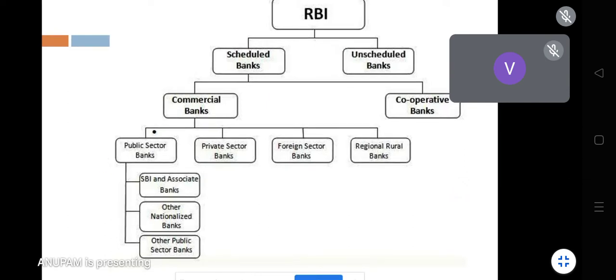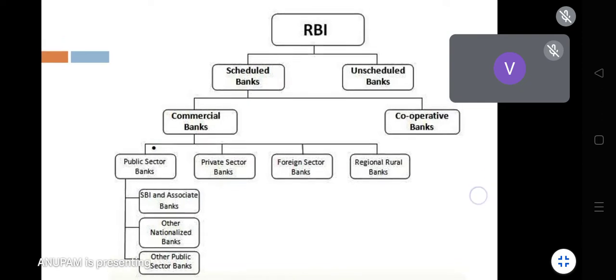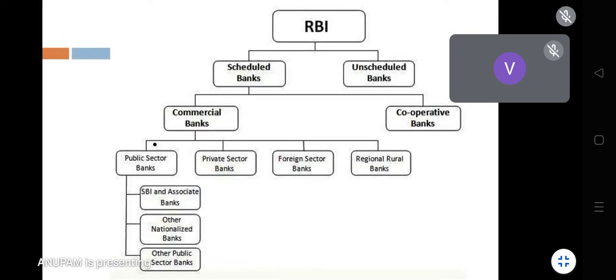Maybe one unscheduled bank is looking after only 2 or 3 villages, but they are banks. But they are unable to follow the guidelines of the Reserve Bank because the Reserve Bank mostly makes guidelines for the bigger banks, which is not feasible for these banks to follow. So you will see that most of the Gramina banks fall under this category.